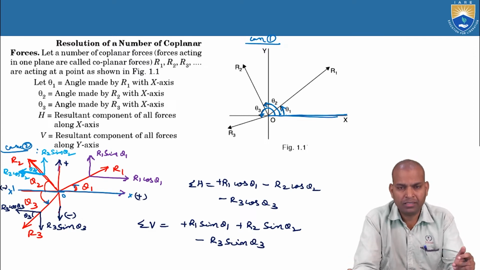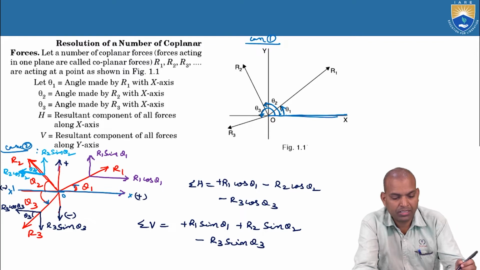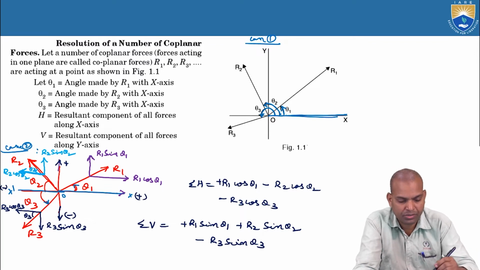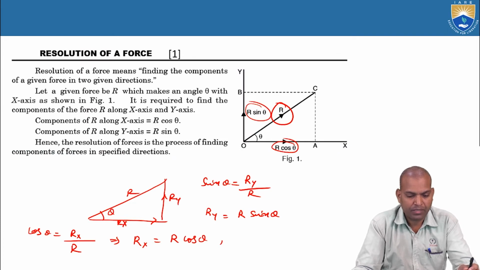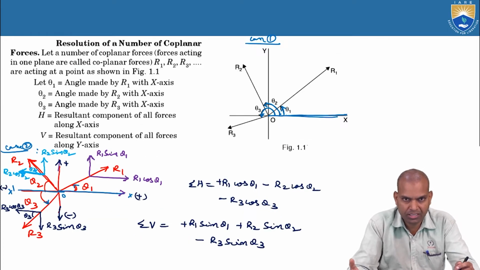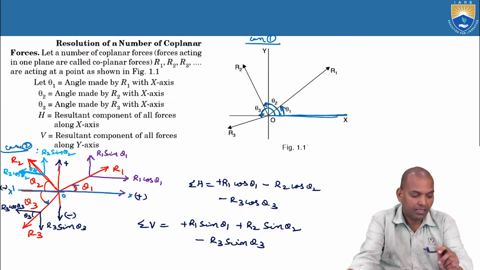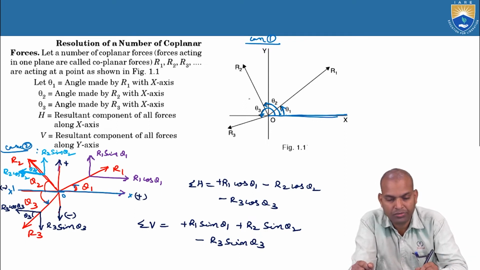So in this manner, we have to resolve the components. That's why it is known as the resolution of a force. In the resolution of a force we consider two case studies. In case 1, the angle is made from the x-axis OX. All R1, R2, R3 forces make angles with OX.